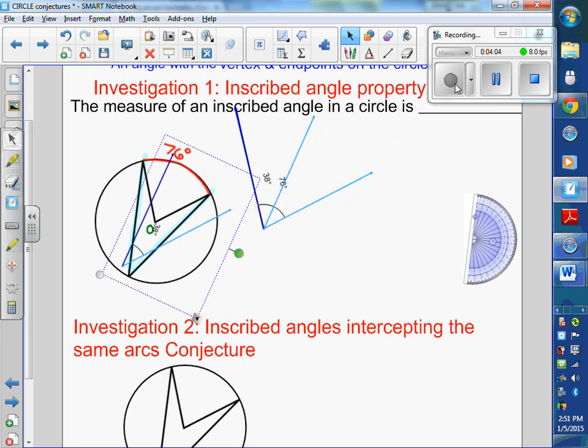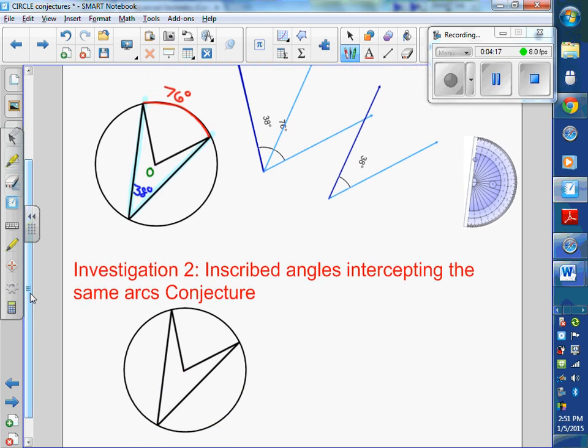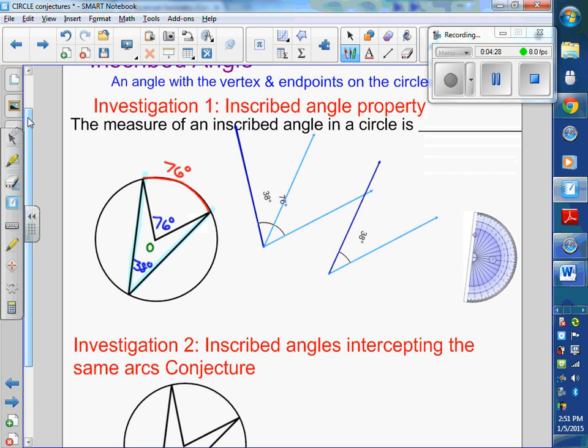So the inscribed angle here is equal to 1/2 its intercepted arc. In other words, if you have to find an inscribed angle in a circle, you just need to know either the central angle or the intercepted arc. So that conjecture is: the measure of an inscribed angle in a circle is equal to 1/2 the measure of its intercepted arc.